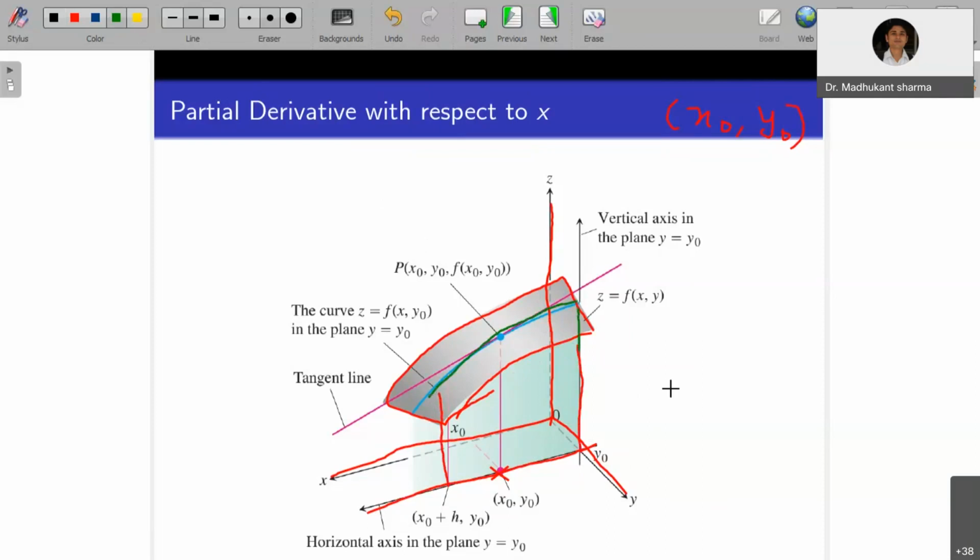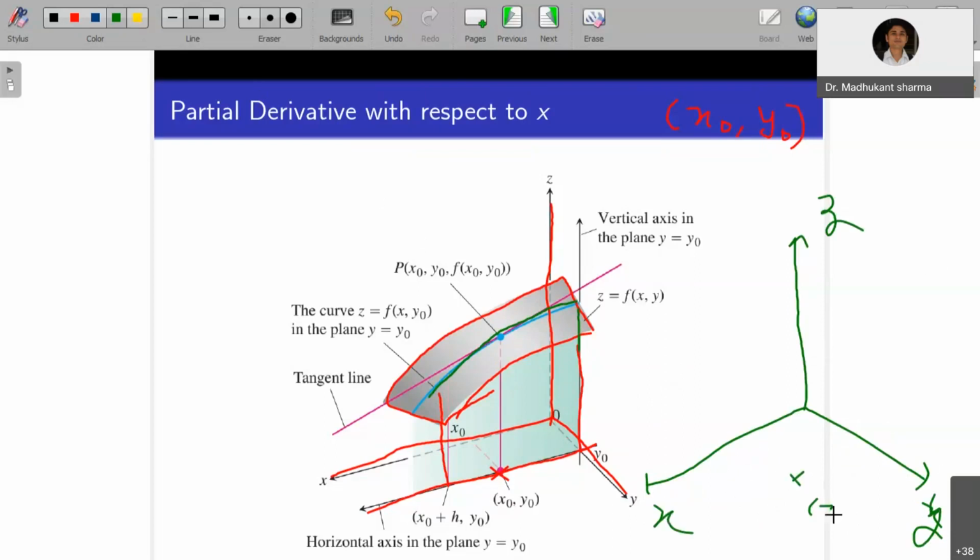Right? You can understand how this is going to be. So you have the xy plane. Let me draw x, and this is z. This is the x naught y naught point, and this is y equals y naught. When you stretch it along the z-axis, it will be a plane, kind of a two-dimensional window.